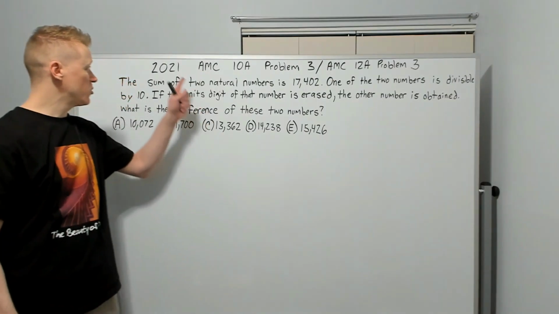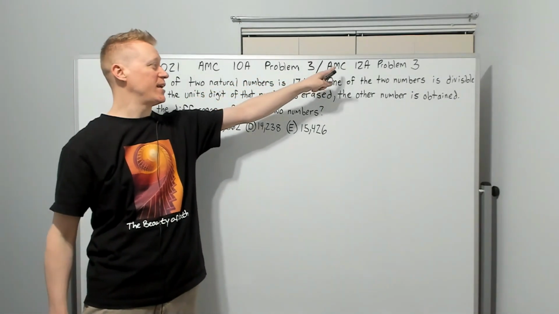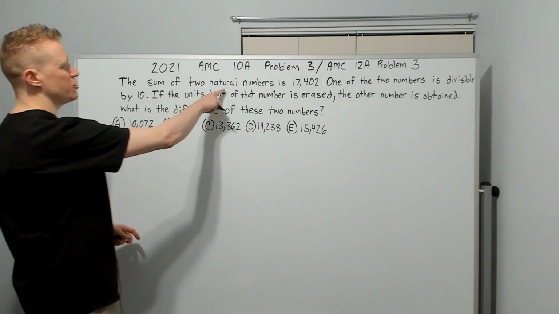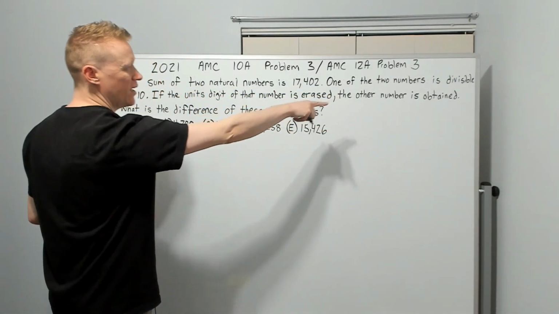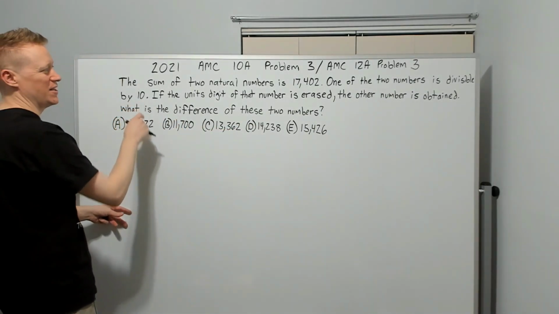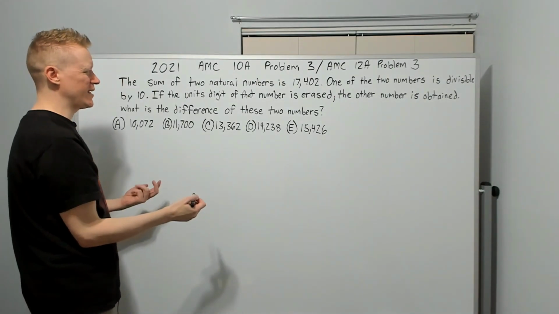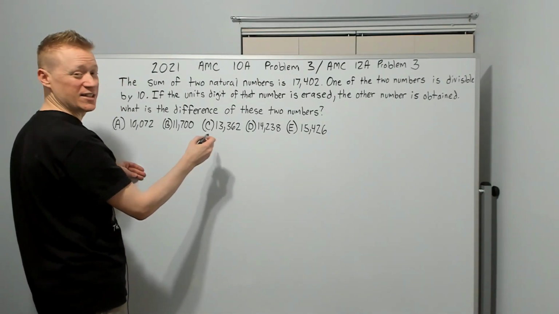So this is the 2021 AMC 10A problem 3, also 12A problem 3. The sum of two natural numbers is 17402. One of the two numbers is divisible by 10. So if it's divisible by 10, let's just say it's a 5-digit number, I guess.